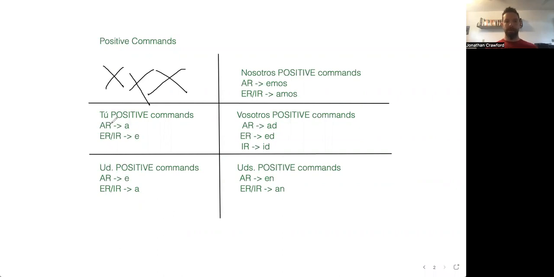But the tú form, if it's an AR verb, the ending goes to A. If it's an ER or an IR verb, the ending goes to E. So nothing new here. Some of the verbs already do this anyway. A lot of the IR verbs like escribir, él escribe, it goes to an E, like in the third person, right?